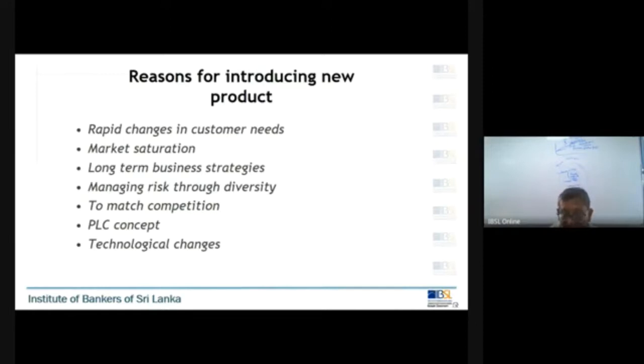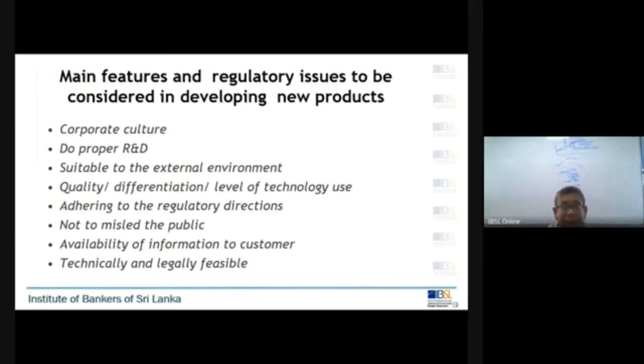Okay, right. Let's look at it. Now, as a bank, you can't just introduce a new product, right? When you introduce a product, you need to look at some features as well as, very carefully, regulatory issues before you develop a new product.